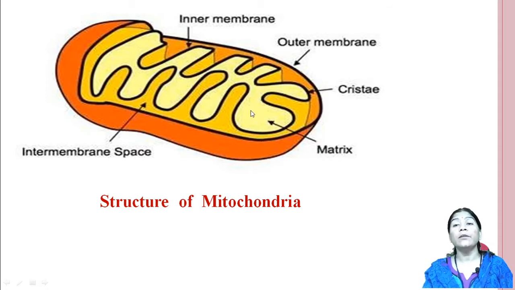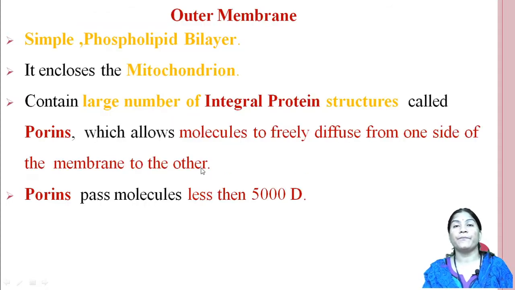And in between the outer membrane and the inner membrane there is a space that we call the intermembrane space. That is, the space between the outer membrane and the inner membrane is the intermembrane space.